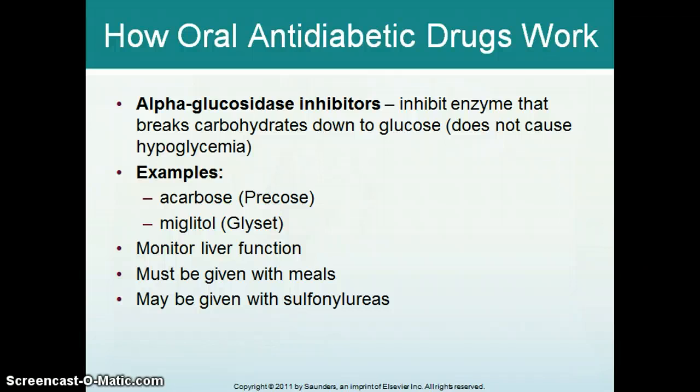Alpha-glucosidase inhibitors inhibit enzymes that break down carbohydrates into glucose. These do not cause hypoglycemia.